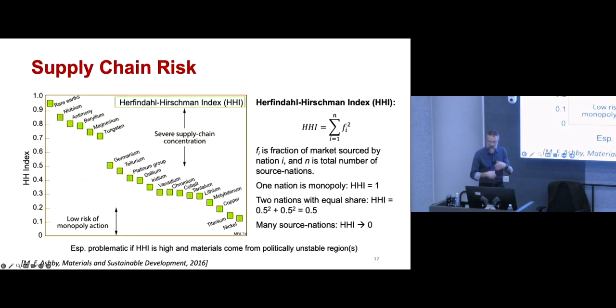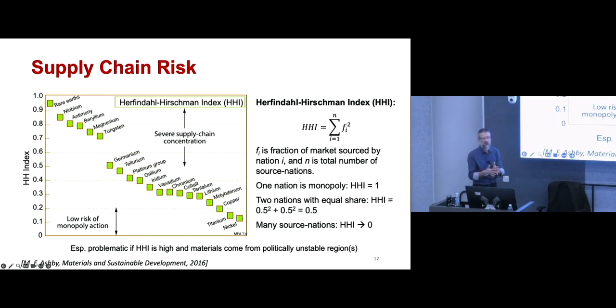In addition to availability of materials, there's also a supply chain risk. And we've become aware of this as we went through the COVID crisis. So this graph is showing the HHI index. It's basically quantifying to what extent the material is coming from a single country.